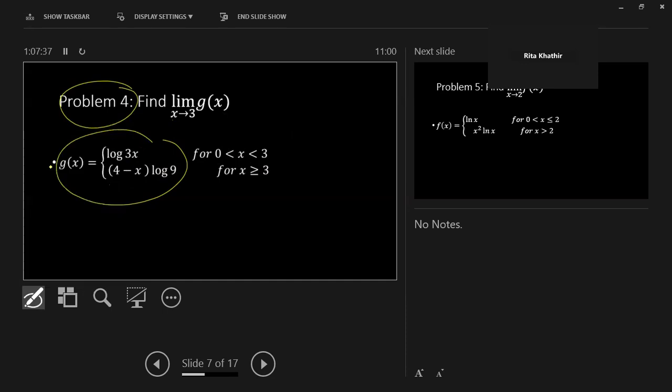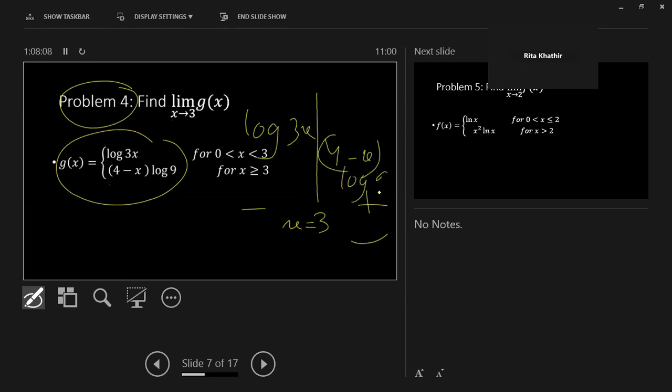So if you look again, it looks like you have one limit. This one is 3, here is 3 plus, here is 3 minus. For 3 minus you have log 3x, and for 3 plus you have (4 minus x) log 9. From this story, you can draw like this.